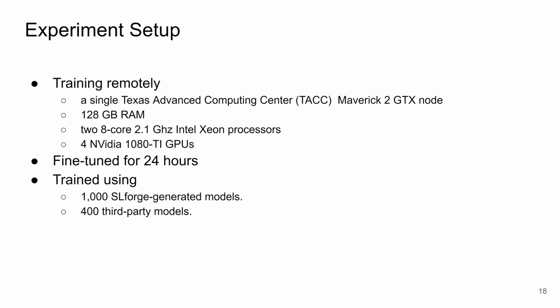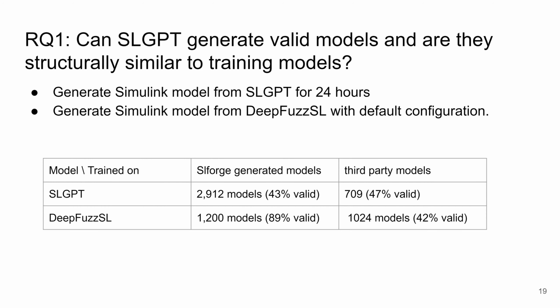Coming to the experimental setup, we use TACC, which provides high-performing supercomputers to fine-tune SLGPT. And we fine-tune SLGPT on 2 collected datasets separately. So first, we compare SLGPT with DeepFuzzSL on its ability to generate valid models, as well as how structurally similar the generated models are to the training dataset.